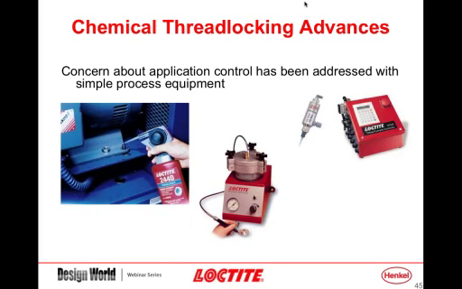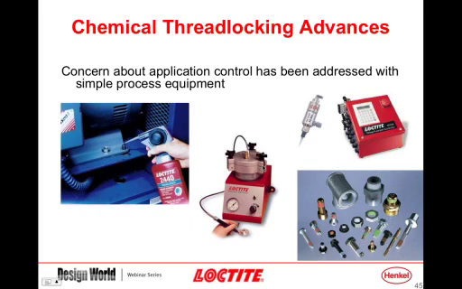It's only the material that's applied right on the threads where the two surfaces join that really provide you all the value that you get out of the system. So with this type of applicator, you have a very simple method of ensuring consistent application of product to the joint and getting the maximum benefit out of the material.